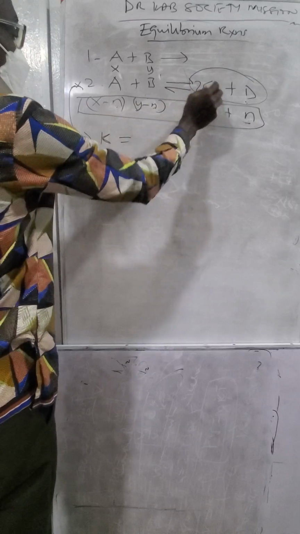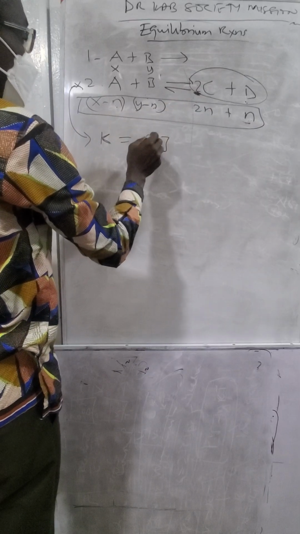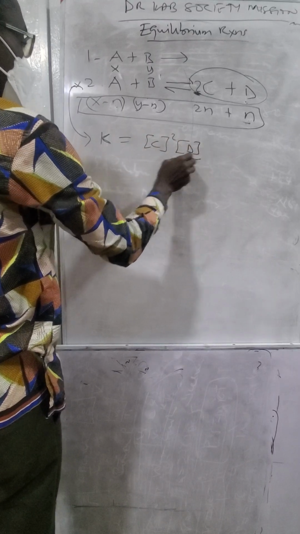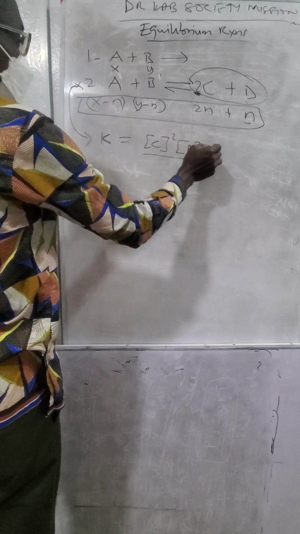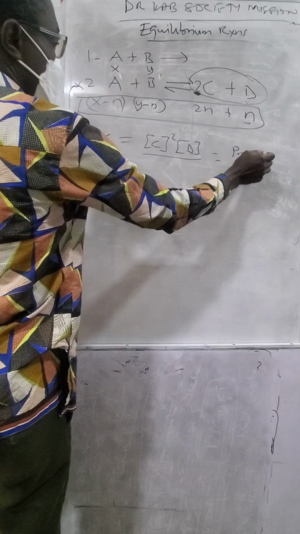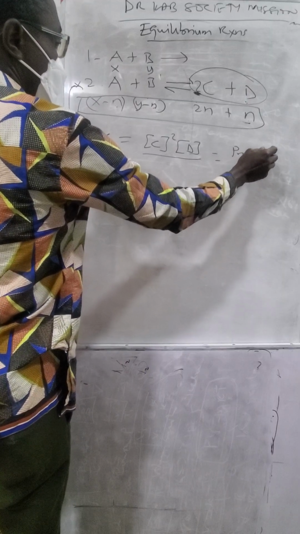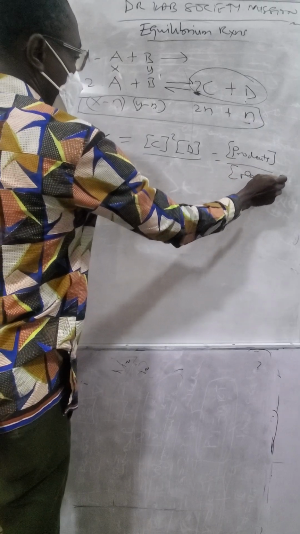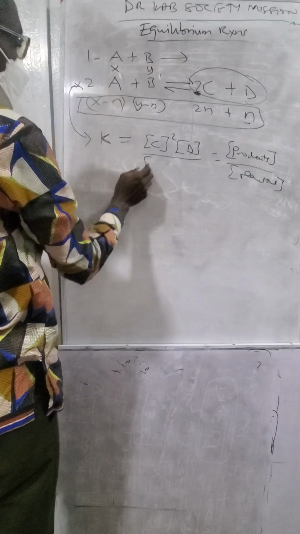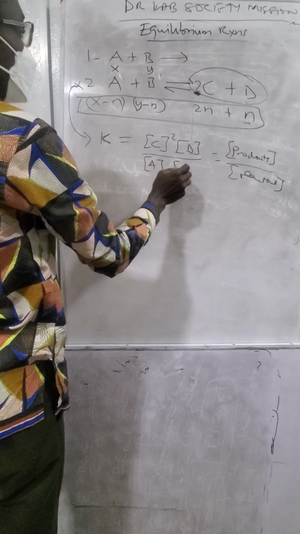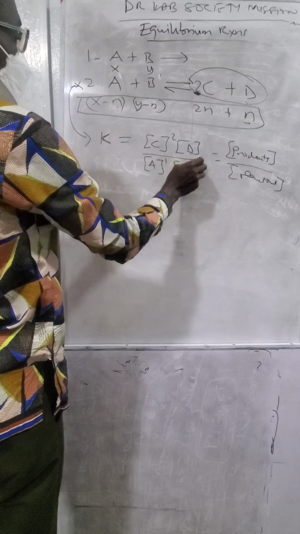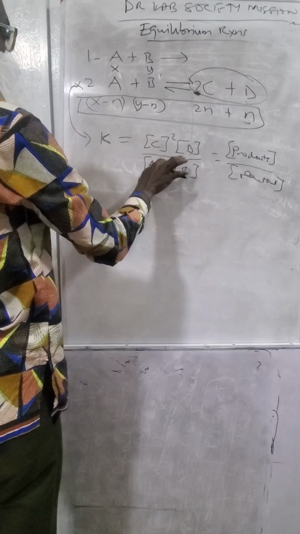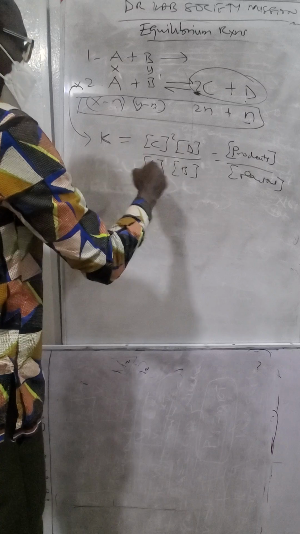When you express this one to the power 2, this is the product. Over the reactants. So the reactants we have are A and B. The power is 1 here, 1 here, but if it's 1 we don't write it. So that's it. This is always a constant.